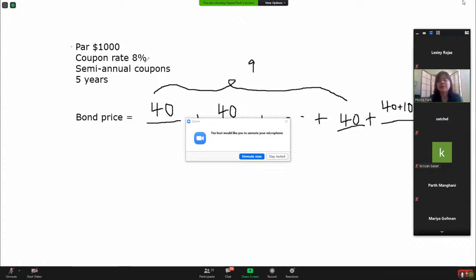Yield to maturity is the discount rate, and it should be given. So what if yield to maturity is 6%?